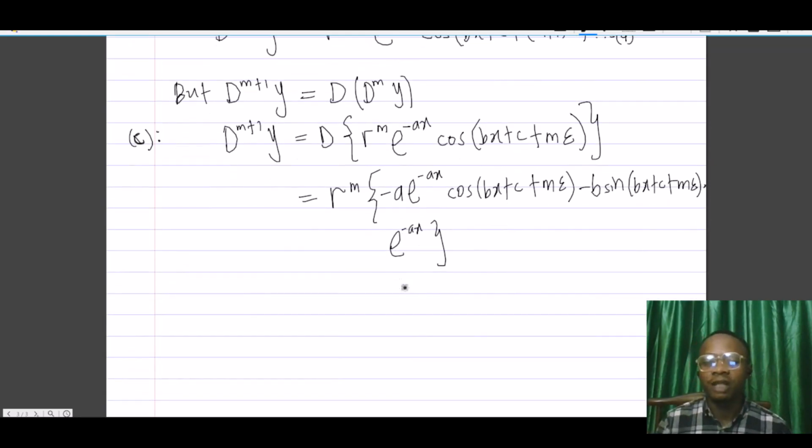And again, to simplify further, we can see that e to the power of minus ax is common, so we can move it out of the bracket.